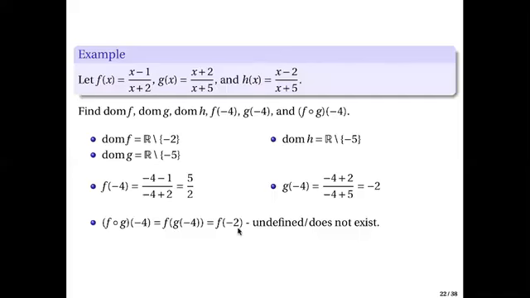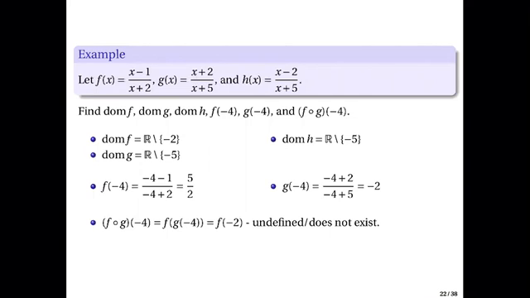I have a question. Sure. Will g of negative 4 always be negative 2? Yes, because you calculated it here. You just replace your x with negative 4. It's just calculation.